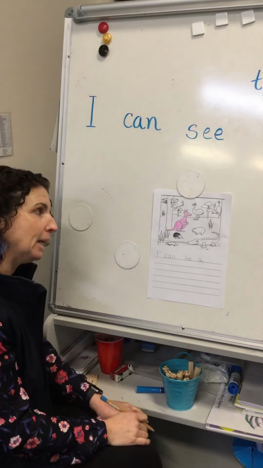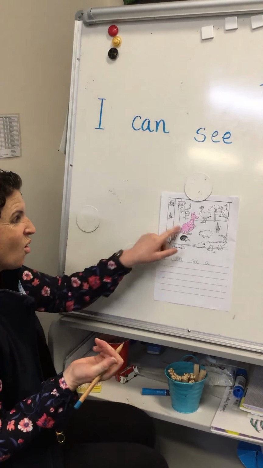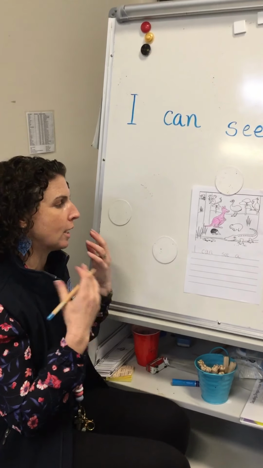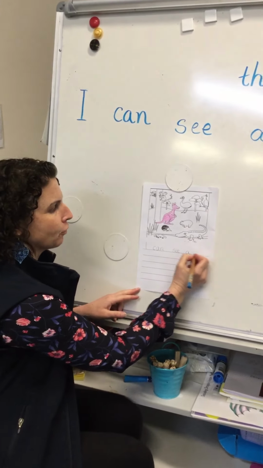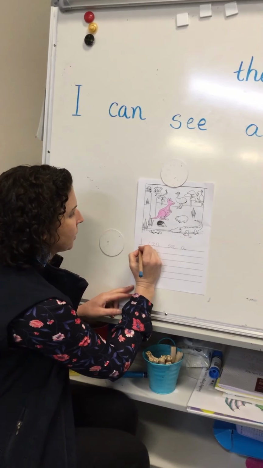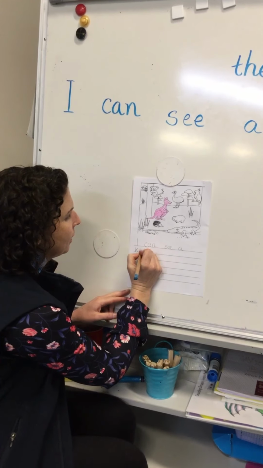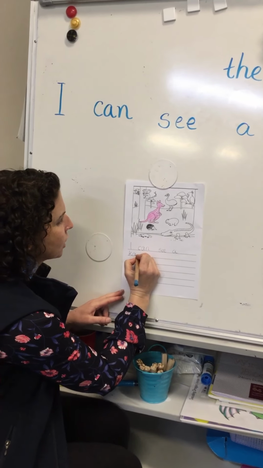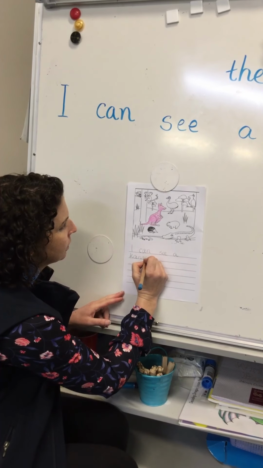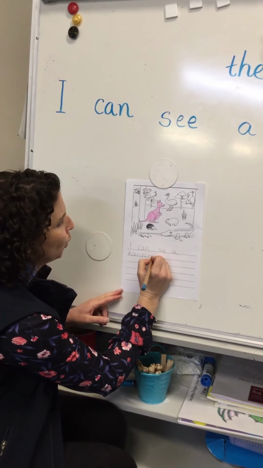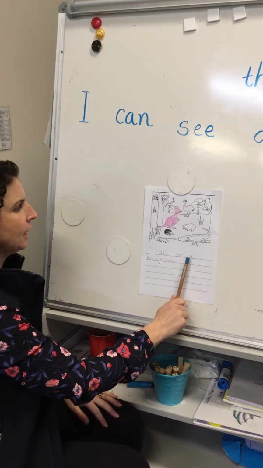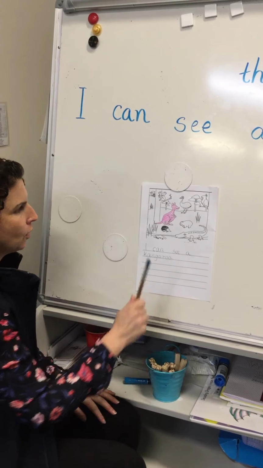You might like to say a pink kangaroo or whatever colour you use, or just a kangaroo. Now kangaroo is a really long word, so I'm going to just have a go at writing kangaroo. I won't have enough room here, so I've got to go down and start again over here. Oh, that's a tricky sound, isn't it? Full stop. I can see a kangaroo.